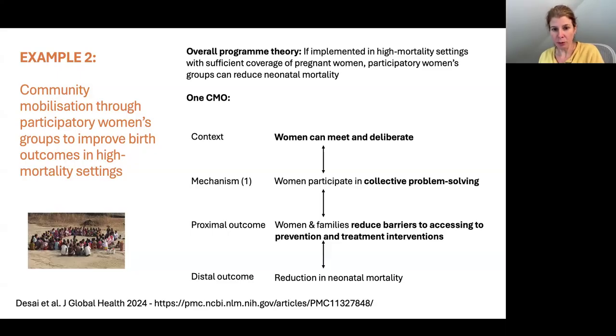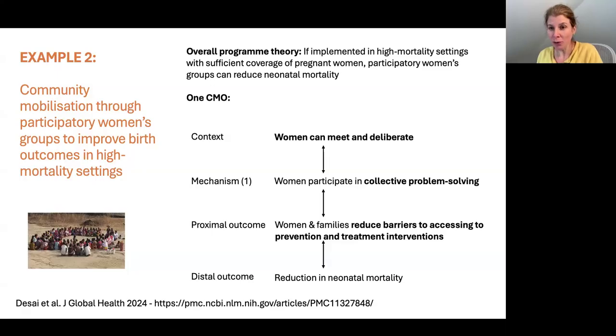But how do they do that? Well, one context mechanism outcome configuration is described on this slide. So there is a contextual condition for this intervention to have an effect. Women need to be able to meet and talk to one another, because if they can't do that, they can't resolve any problems, they can't participate in any decisions.